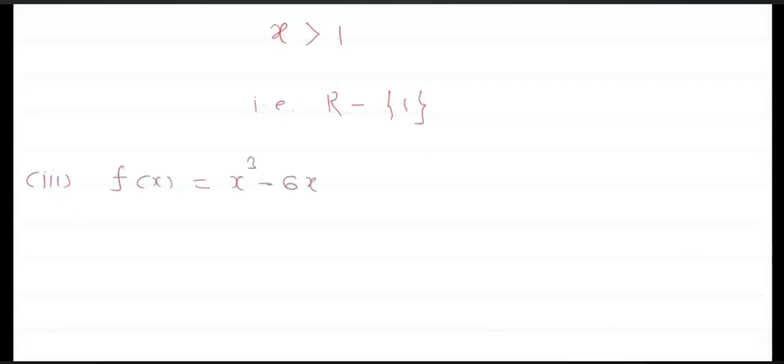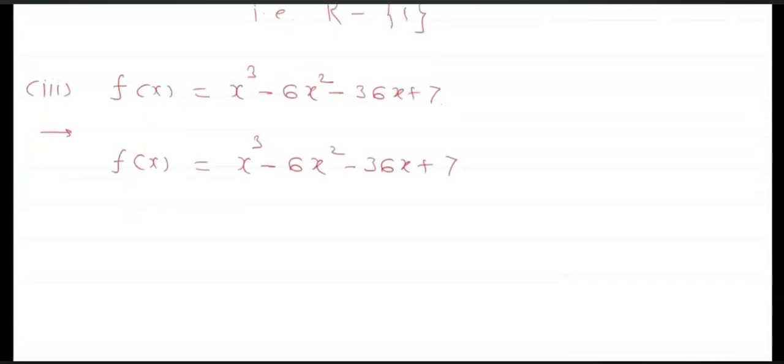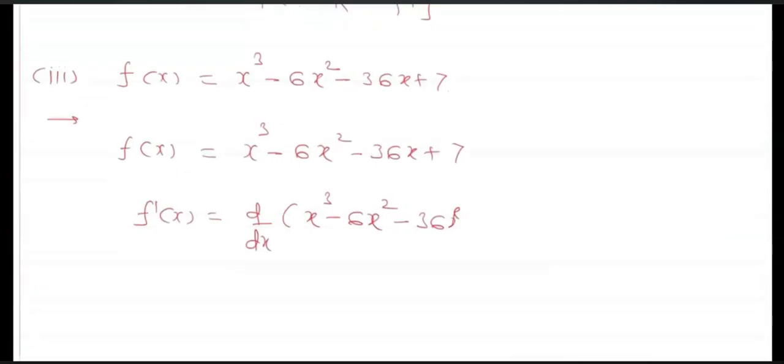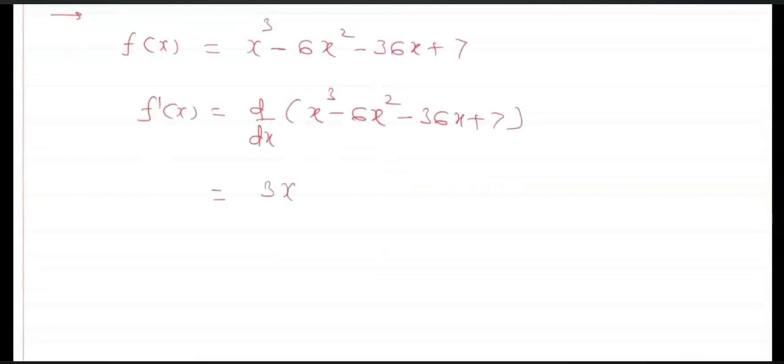Now, see this again here. f of x is equal to x cube minus 6x square minus 36x plus 7. For strictly increasing, we write here greater than 0. If I write greater than or equal to 0, it's only for the increasing. But when we find out the answer, we write greater than 0.